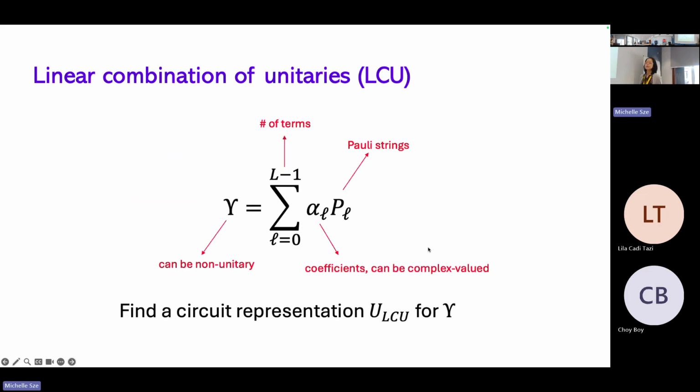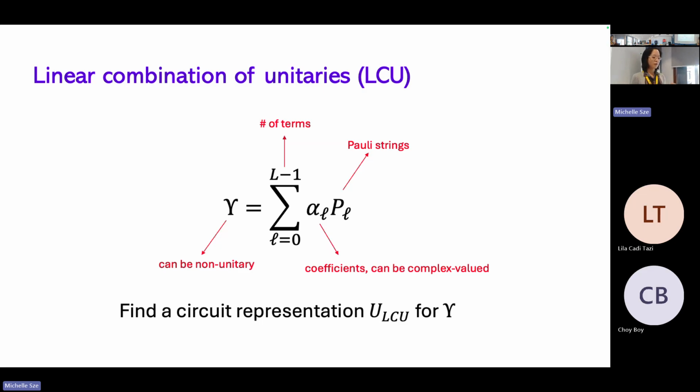Also, the main actor of this work is the linear combination of unitaries, LCU for short, which is literally a linear combination of unitaries. To simplify things, we assume that the unitaries are Pauli strings, but in general they can also not be Pauli strings. In this expression, we have L terms or n unitaries.